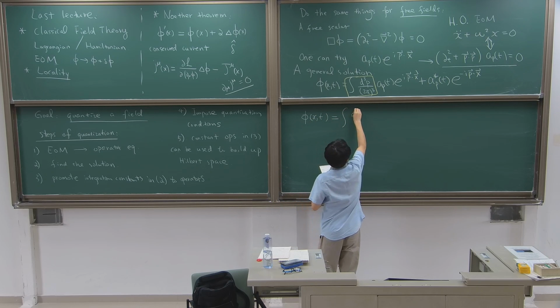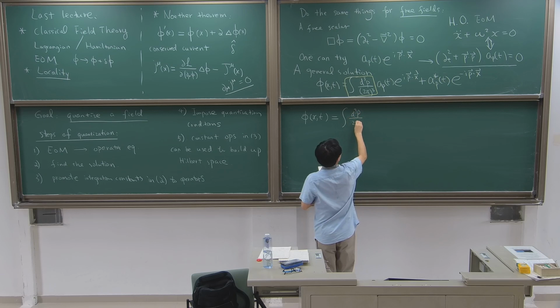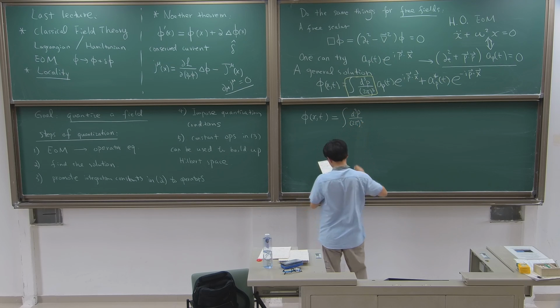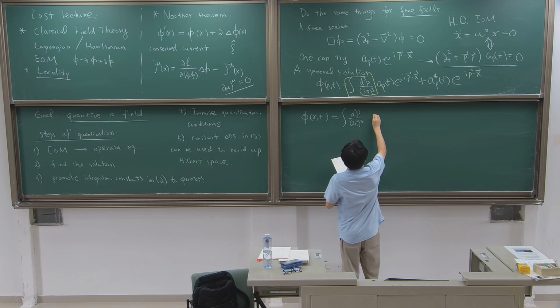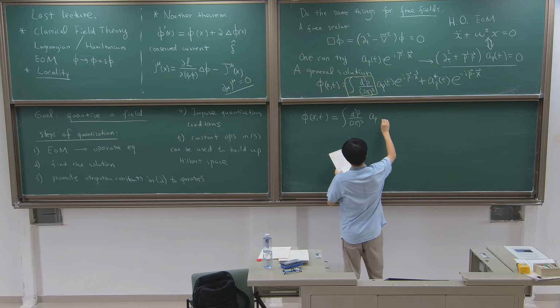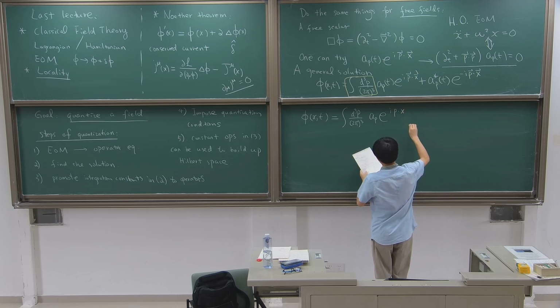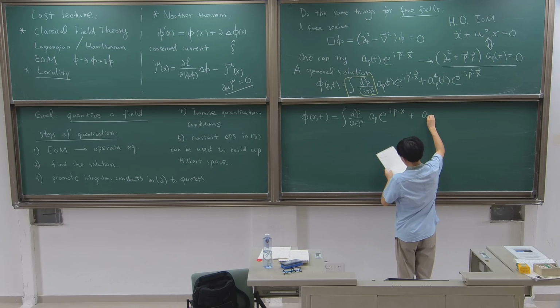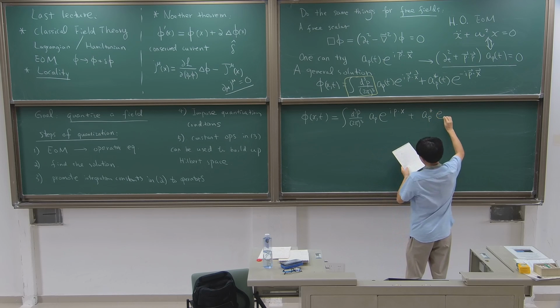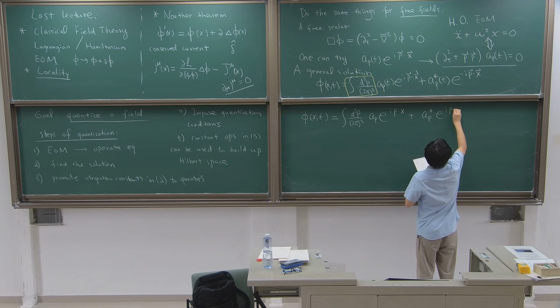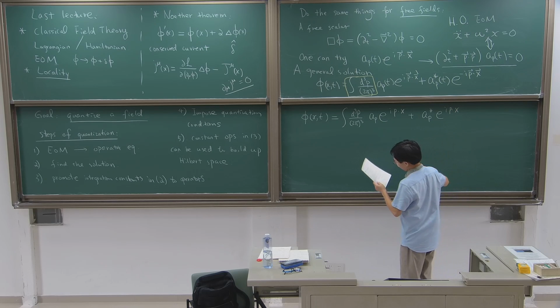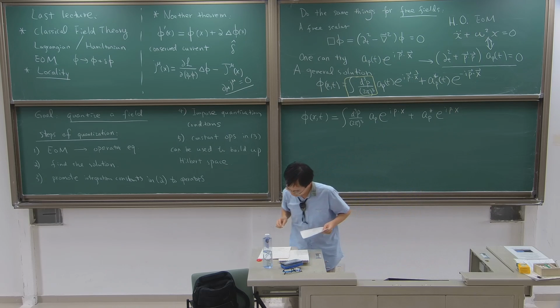This part does not change, the three-momentum integral is maintained. But the other part I can put in a more compact form, which looks like A_p star, exponential of i p·x, and so on.